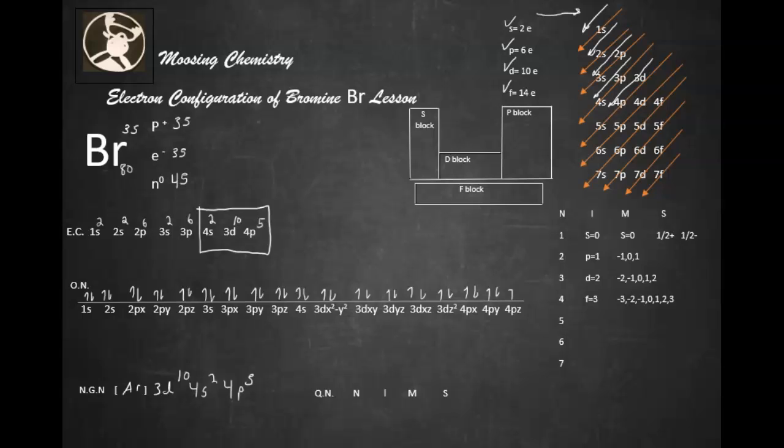Now, let's look at our quantum numbers. Remember, Pauli's exclusion principle states that no two electrons can have the same set of quantum numbers. All right, so we know that bromine's in the p block, and we know that it's in period 4, so we're going to put n equals 4 there. The l value, since it's in the p block, the angular momentum would be 1.